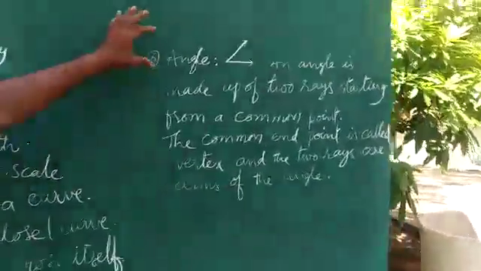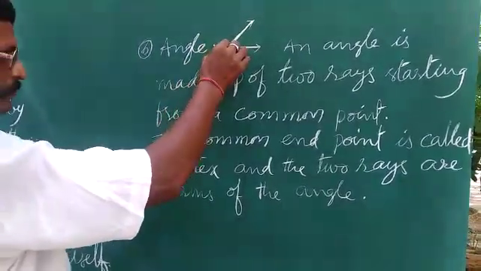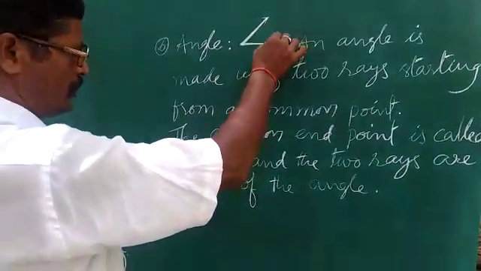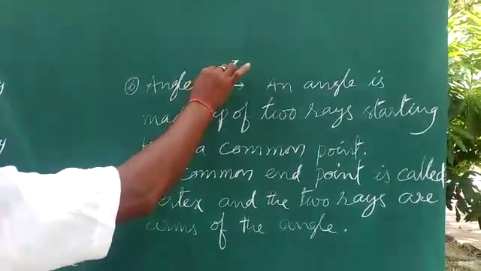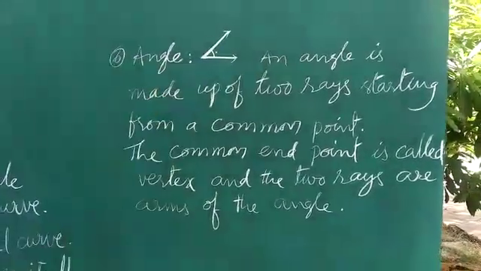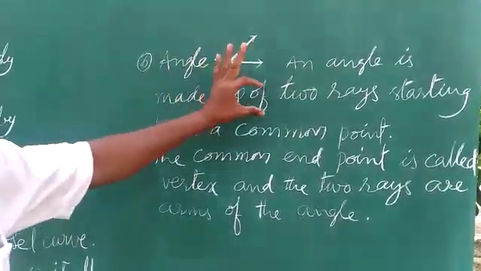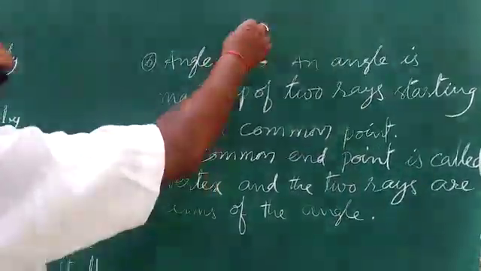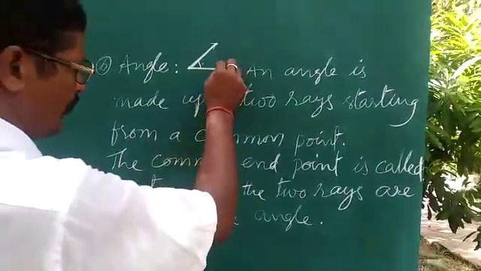Next one, angle. This is the angle. By these two rays, one angle is formed. An angle is made up of two rays. This is a ray and this is a ray.